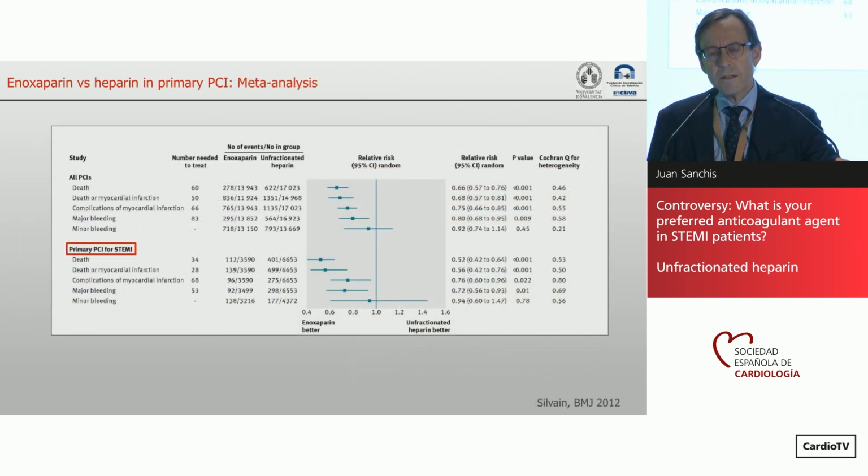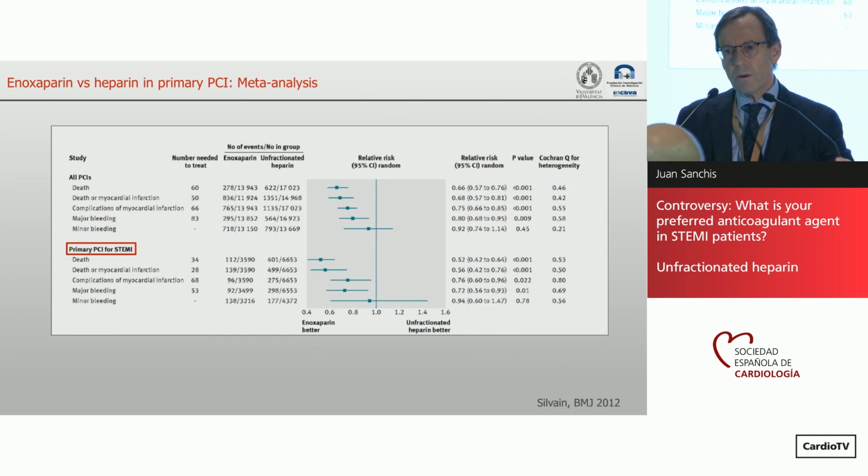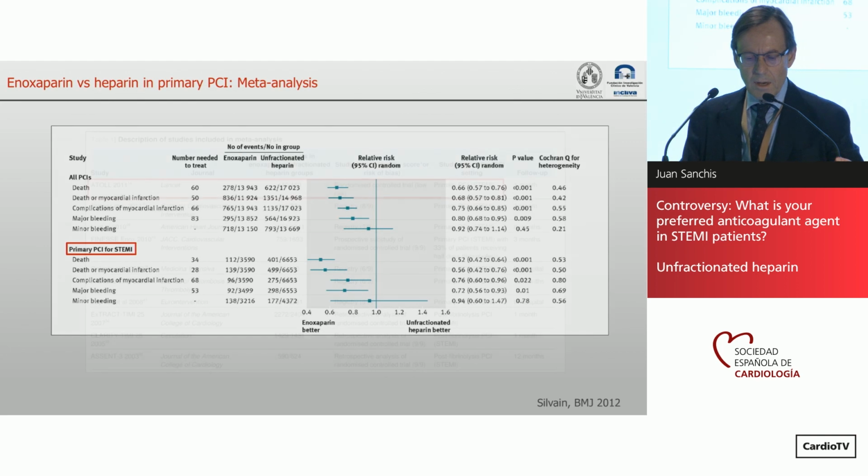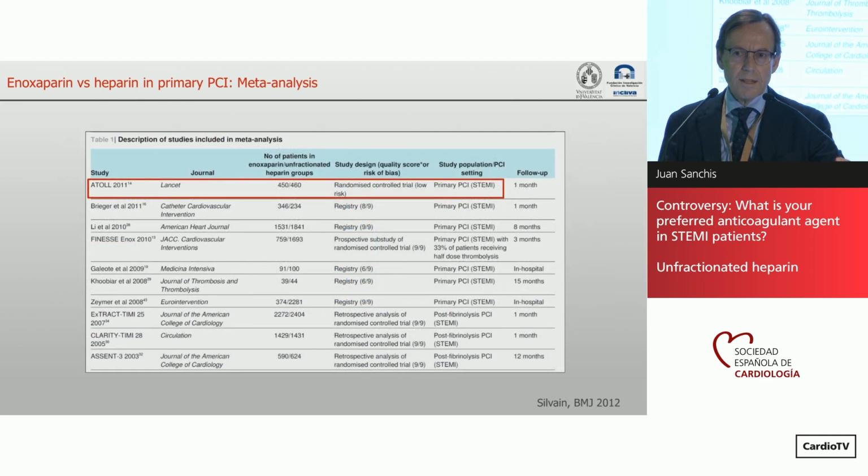This meta-analysis included all the studies comparing enoxaparin with heparin. And in the scenario of primary PCI, enoxaparin was superior in terms of mortality, ischemic events, and bleeding events. However, this meta-analysis had important limitations because it included very heterogeneous studies.